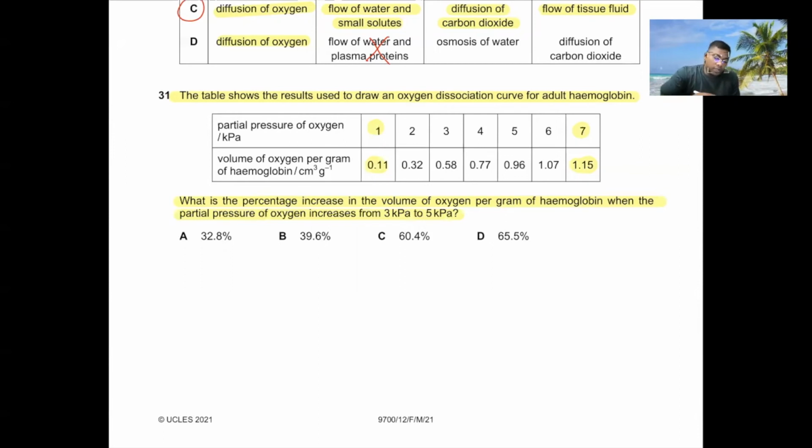At 3 kPa, we were at 0.58. And 5 kPa, we were at 0.96. So 0.96 minus 0.58 divided by 0.58 times 100% should give us our answer. All right, so that equates up to 65.5%. So option number D is the correct answer.